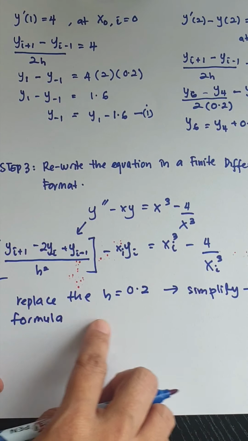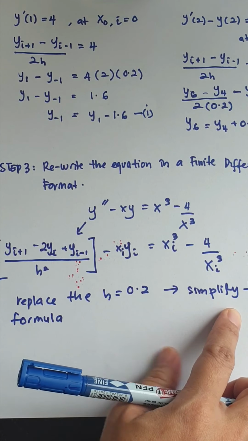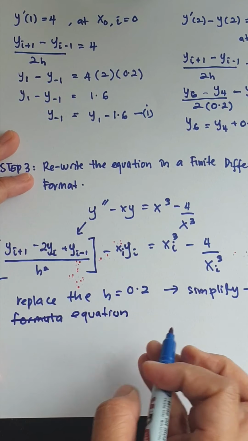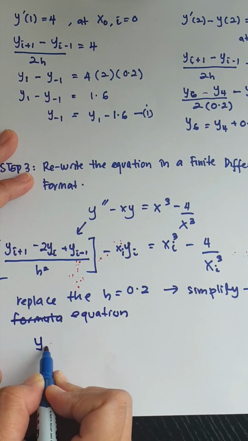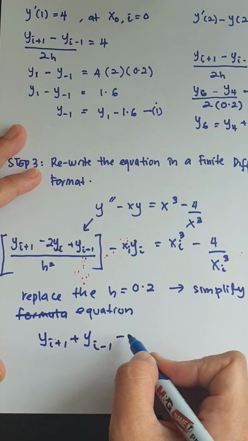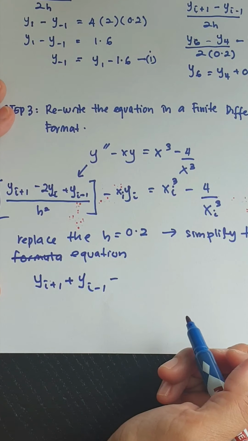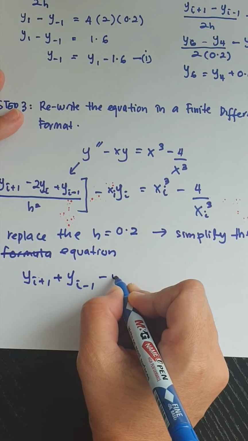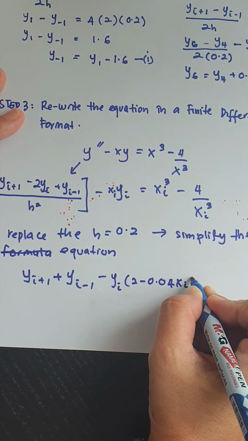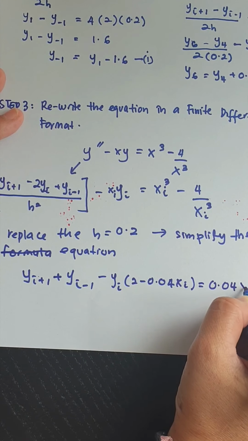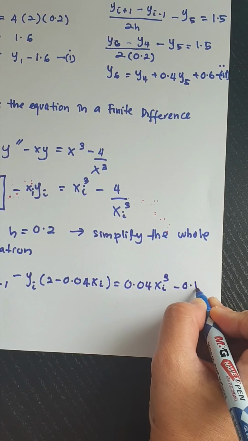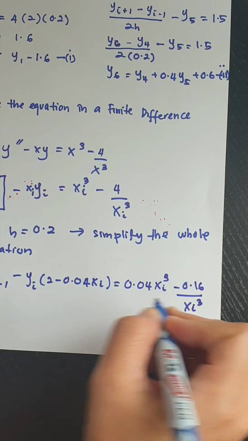After I replace the h value and simplify the whole equation, the final equation will become yi plus 1 plus yi minus 1, minus yi times 2, minus 0.04 xi yi, equal to 0.04 xi to the power of 3 minus 0.16 over xi to the power of 3.